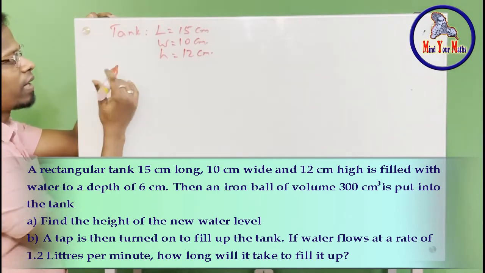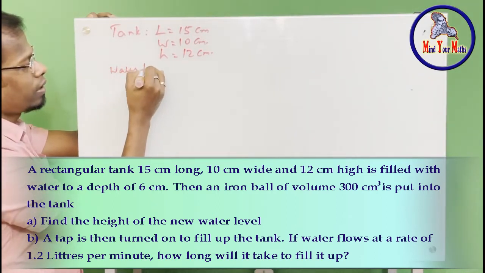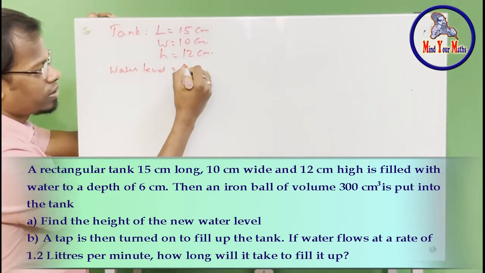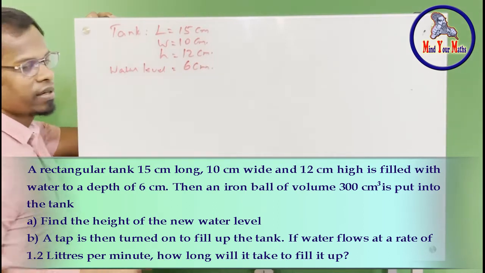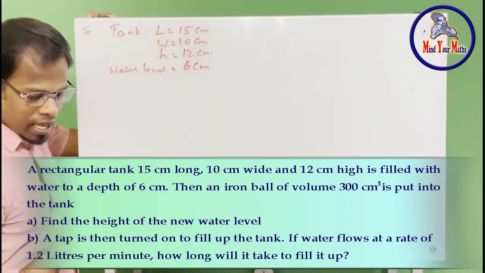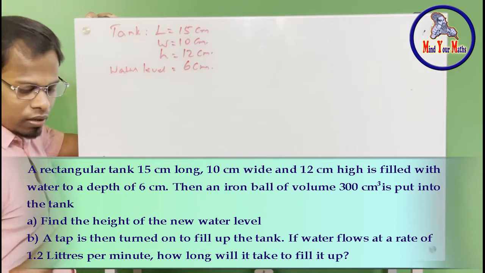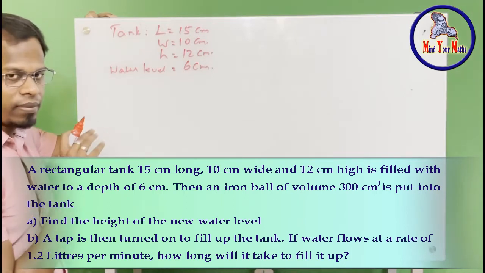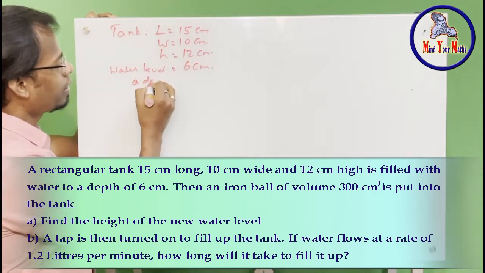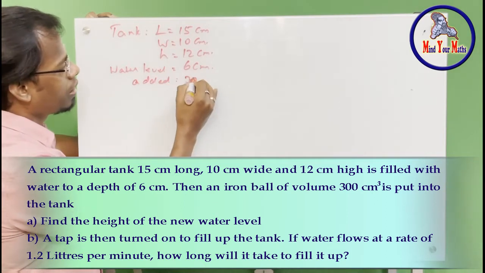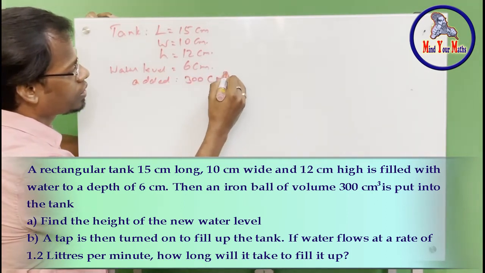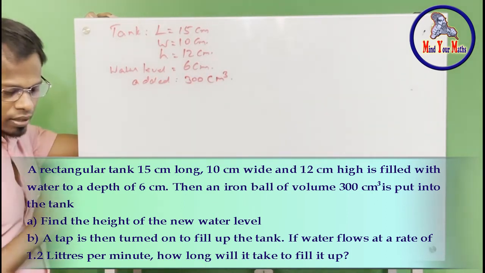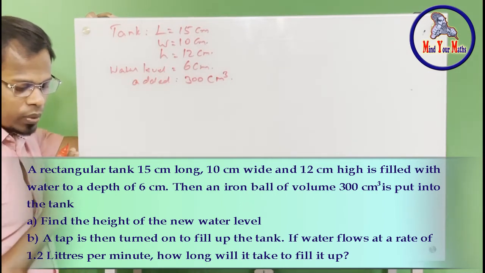And the water level is equal to 6 centimeter, right? So that's what is given. And then a ball of 300 cubic centimeter is added. So this is what is given in the problem.